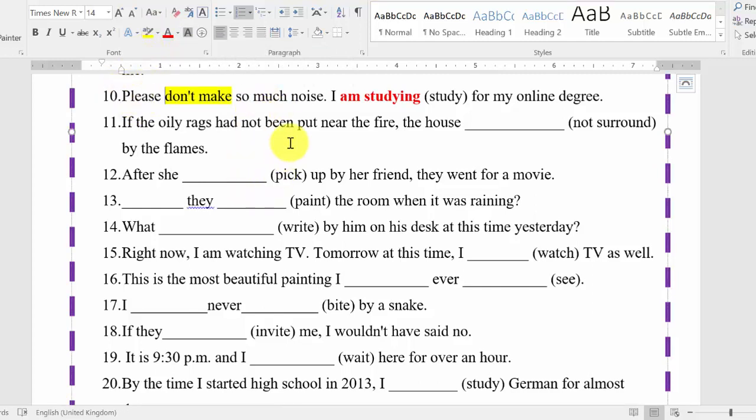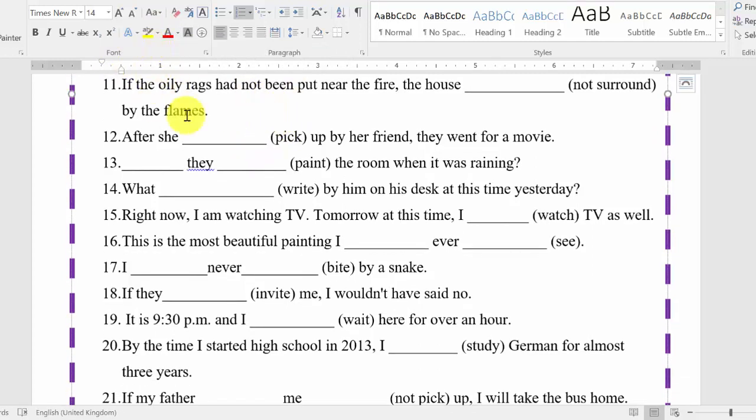Next one, 11. If the oily rags had not been put near the fire, the house what by the flames. So you see, if is your first keyword. When you see if, it should be if conditional, and your verb is here, had not been put. Had been pp. Put is the pp here. So this should be past perfect tense. You have if and past perfect. Another part should be would have pp.